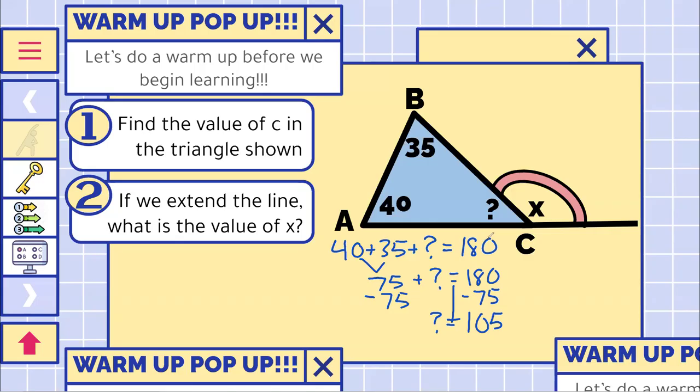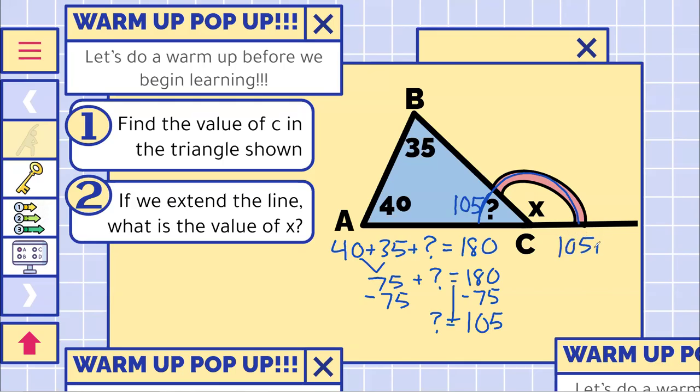Now, the next part uses something you learned in the past. You may have noticed, if you know that angle C is 105, altogether, it's making a straight line with X. So if you knew that if we combine these, we should get 180, right?